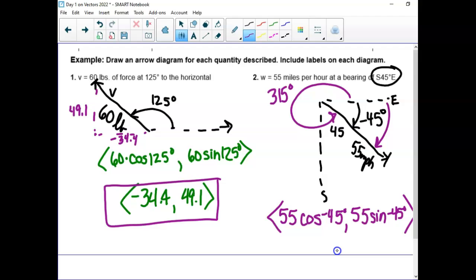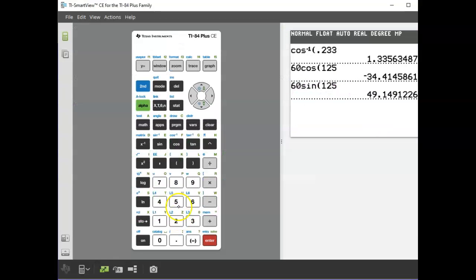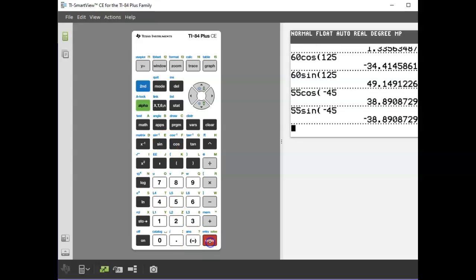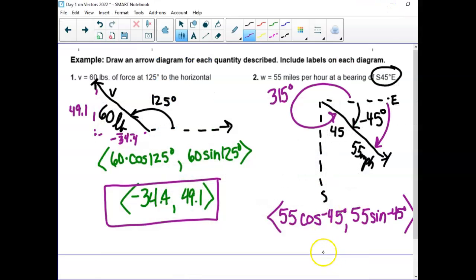So we should get the same decimal twice here, except one's negative. So we got a positive and a negative 38.9, because it's to the right 38.9 and down 38.9.